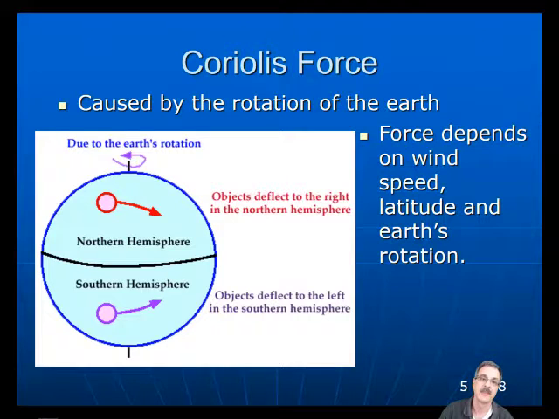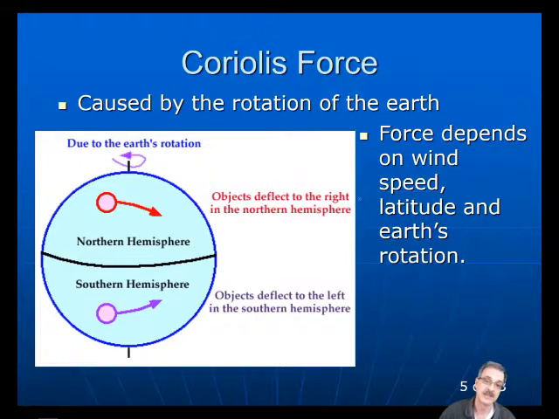Okay, so the next one is the Coriolis force. Since we live on the Earth and the Earth is rotating, it creates a force called the Coriolis force. Now this force depends on several variables. Number one, the speed of the wind. Number two, the latitude you're at. And number three, the Earth's rotation.